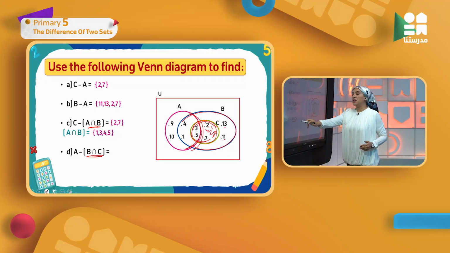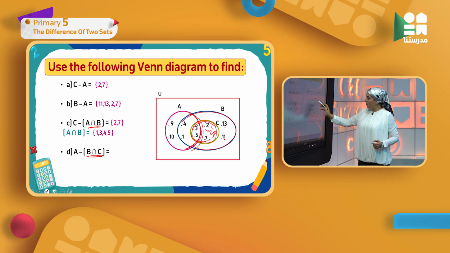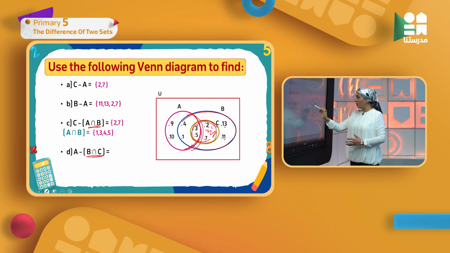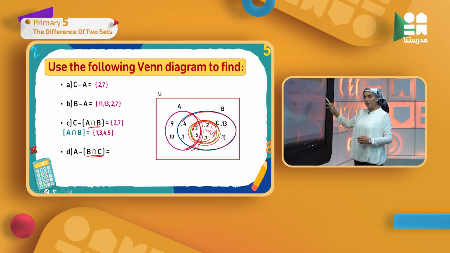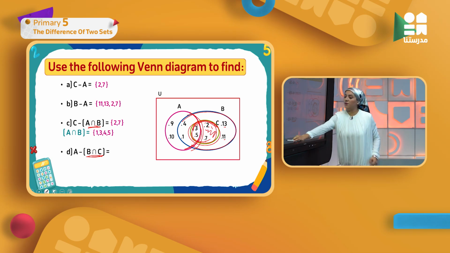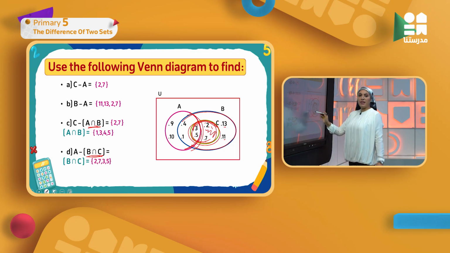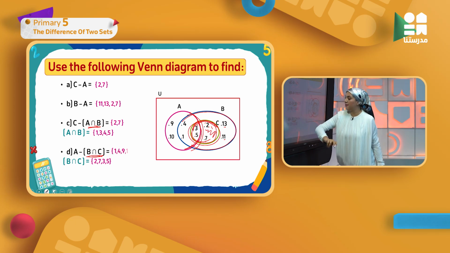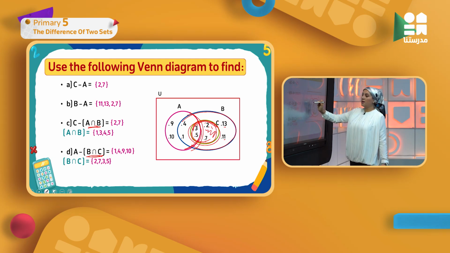So here, the B intersects C, as you see, B intersects C in the whole set of C, because all of it is a part, or all of it is a subset of B. Then the answer for this part is the set C, 2, 7, 3, and 5, all of the set C. Then A difference the set C in, yes, 1, 4, 9, and 10. The rest of set A.